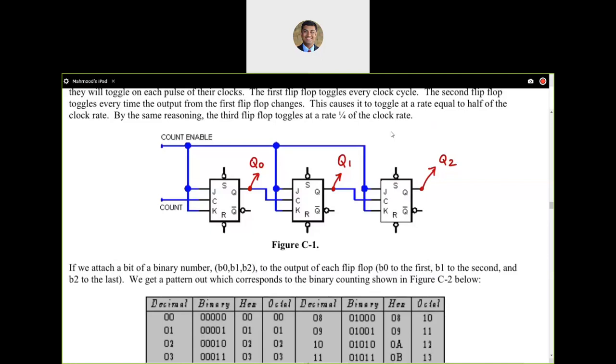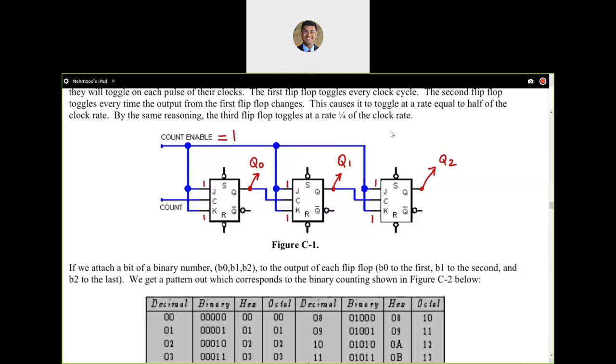I have an input called count enable that I have connected to both the J and K inputs of all 3 JK flip-flops. If I were to set this to a 1, what would happen? If I make count enable 1, then I have a 1 there, there, there, there, there.